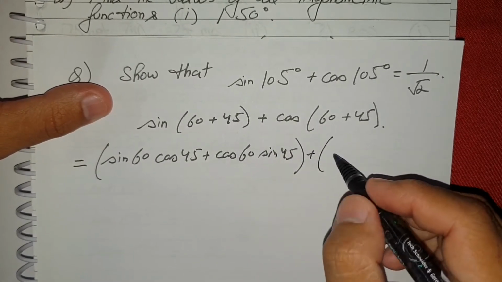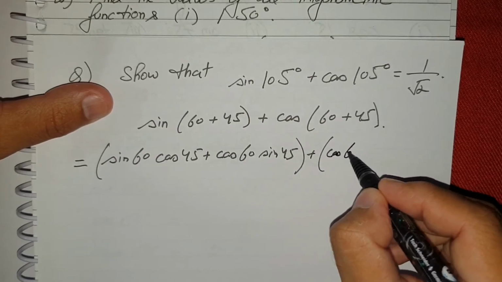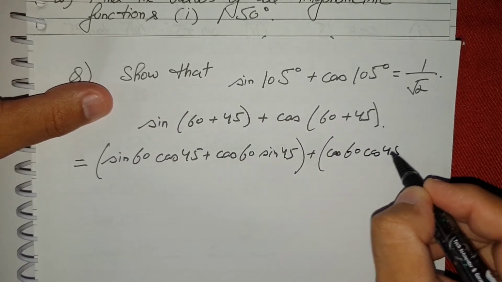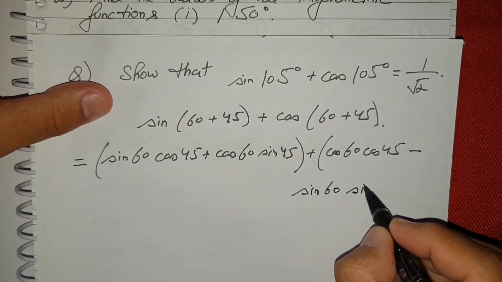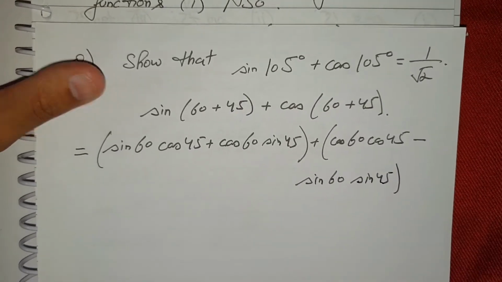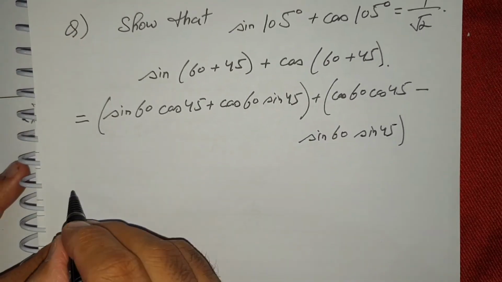Plus cos A plus B, which is cos 60 cos 45 minus sine 60 sine 45. Now just putting down the values.